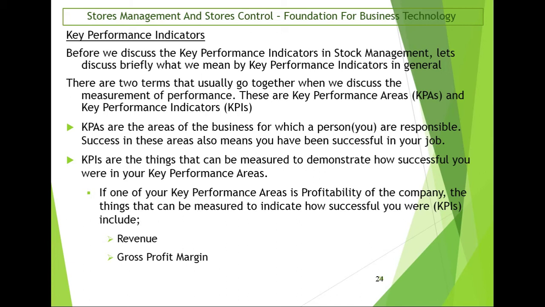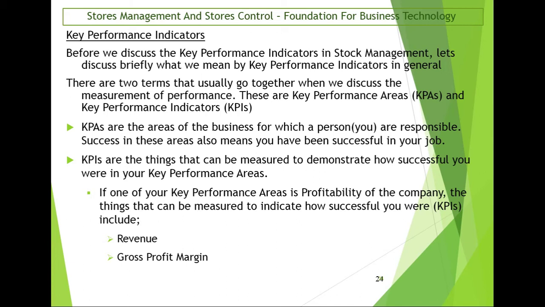So if you are responsible for stock or inventory management, that is your key performance area. The key performance indicators are now those things that can be measured to demonstrate how successful you were in your key performance area.